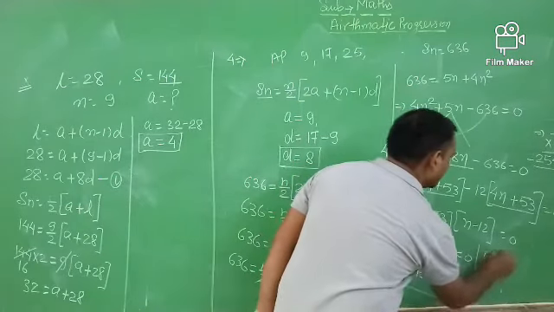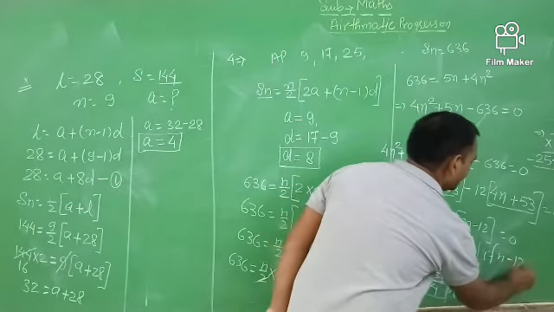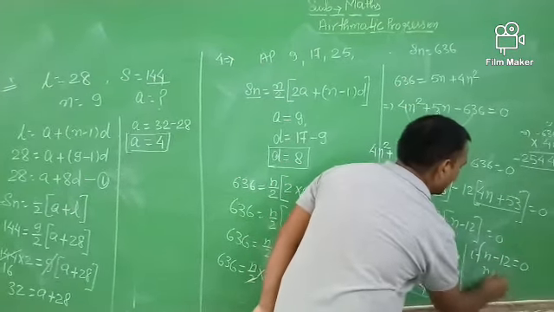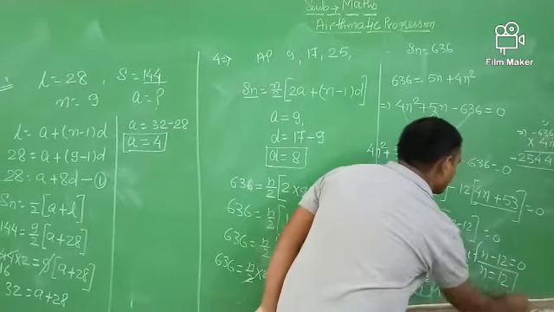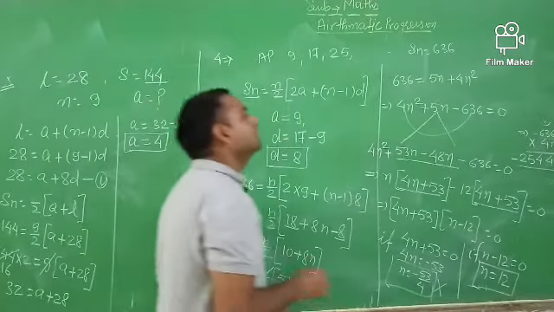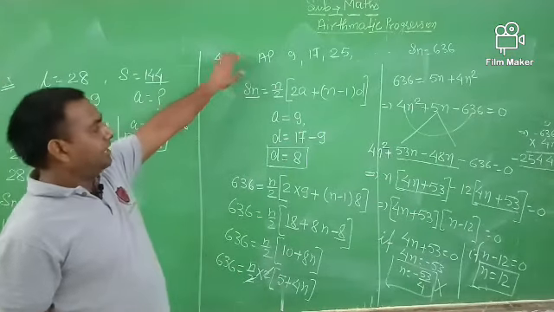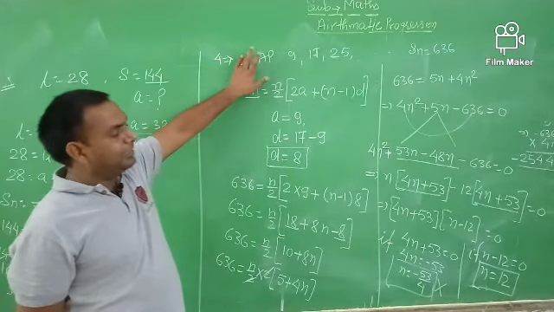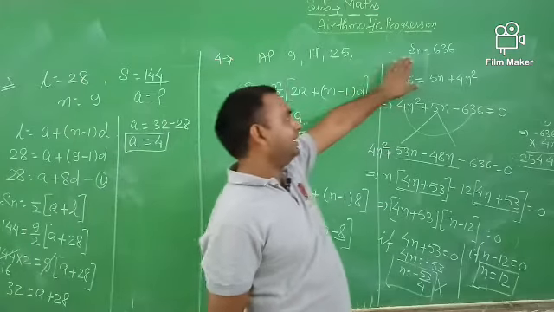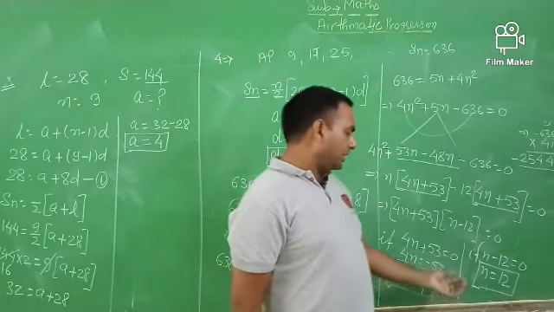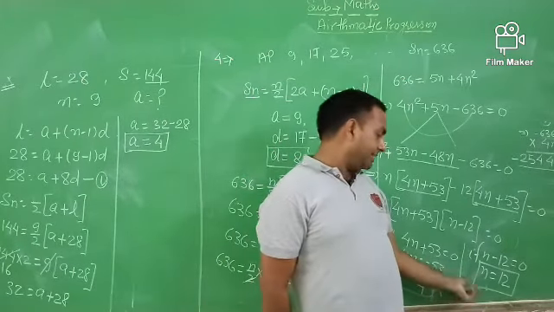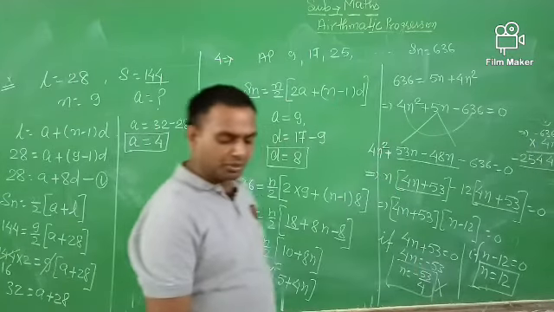Next, if n minus 12 is equal to 0, then n is equal to 12. So the number of terms in the series whose sum is 636 is n equal to 12.